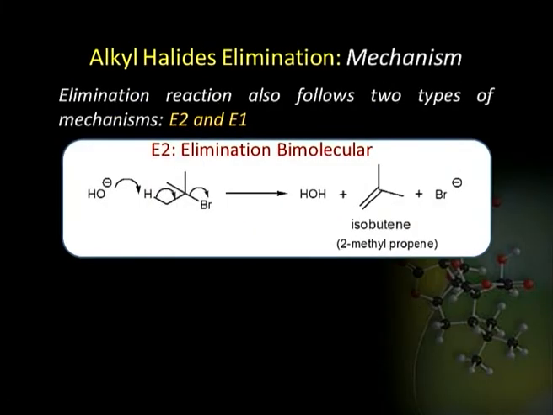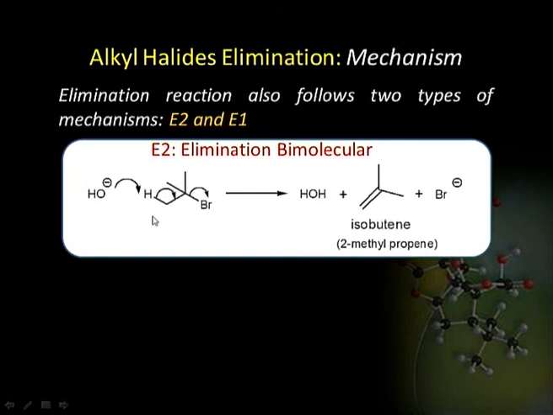Elimination reactions in alkyl halides also follow two types of mechanisms, E2 and E1, which are analogous to the SN1 and SN2 reactions in case of nucleophilic substitutions. E2 reaction is elimination bimolecular.